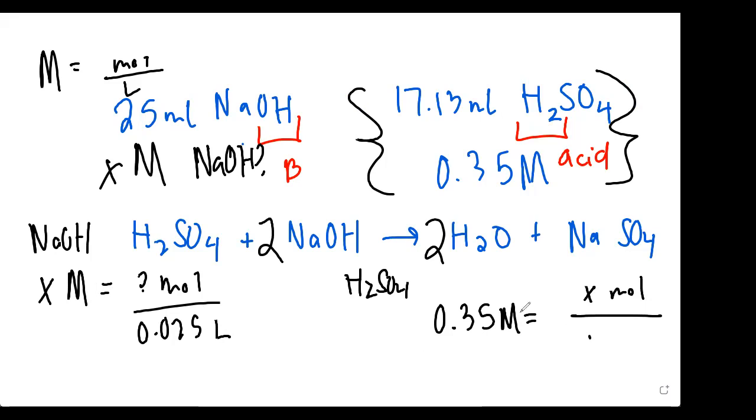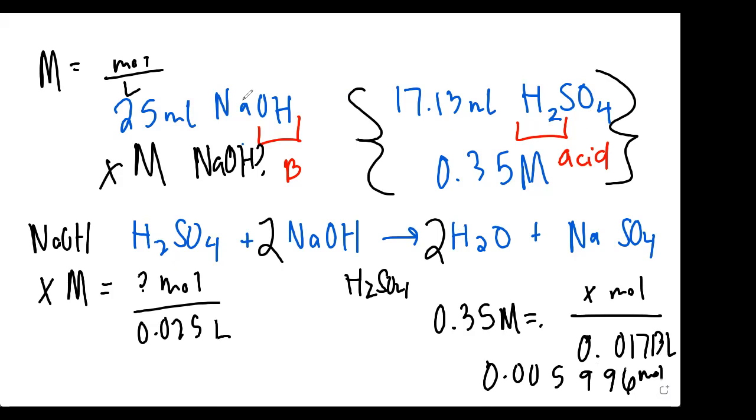So H2SO4, we can do 0.35 molarity equals X moles over the 17.13 divided by 1,000, 0.01713 liters, right? And then we would multiply these two together, which gets us 0.00599 moles of sulfuric acid.